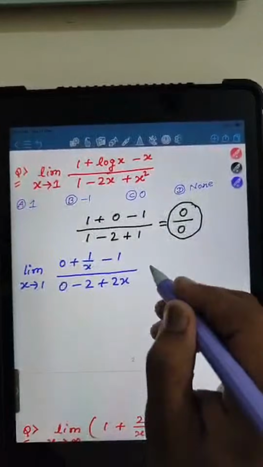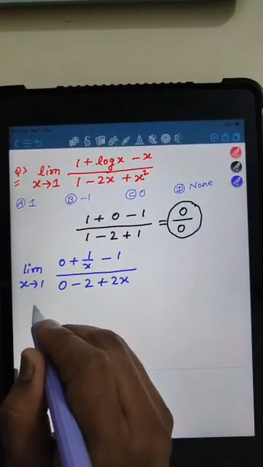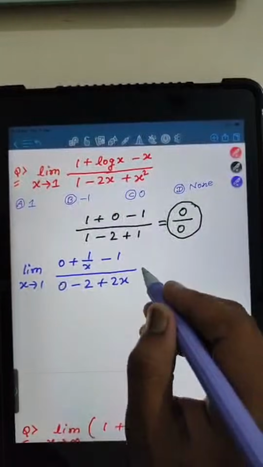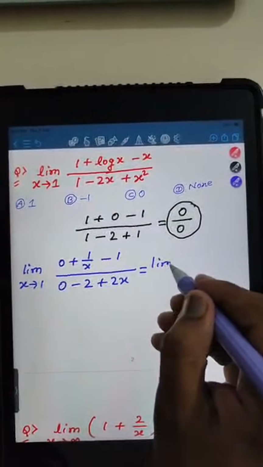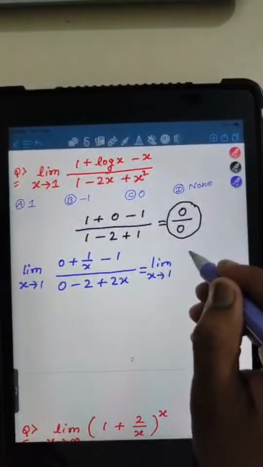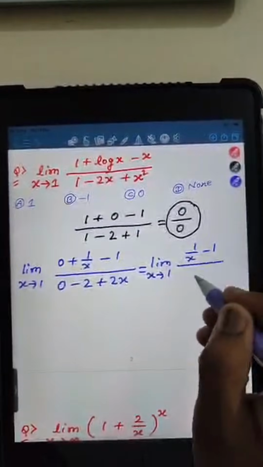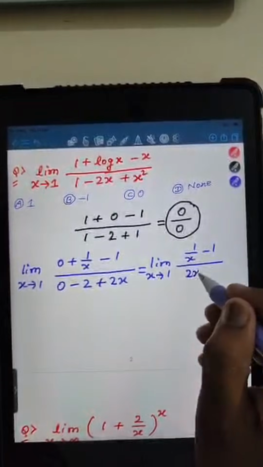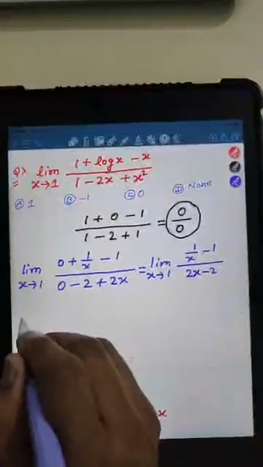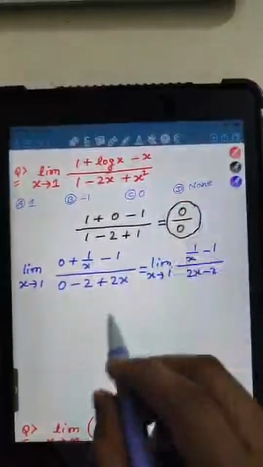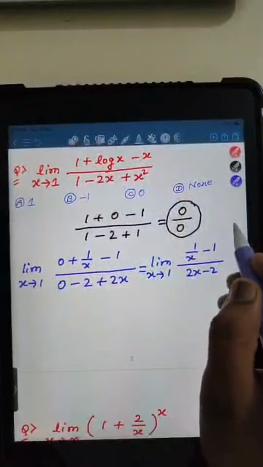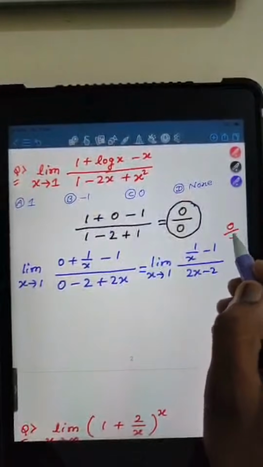So once you do this, you will get this thing, that is limit x approaches to 1, and then 1/x minus 1 upon 2x minus 2. You can write like this also. If you check again, you will find that again it is having 0/0 form.